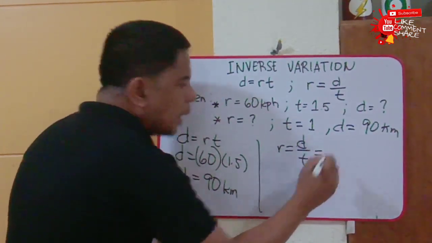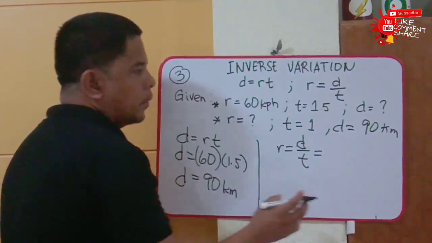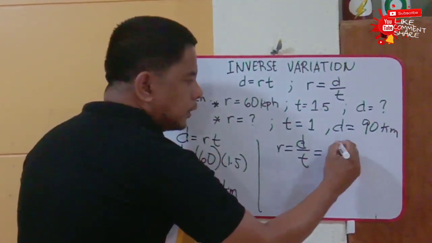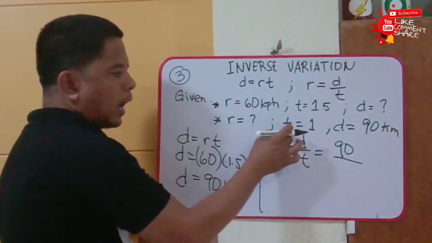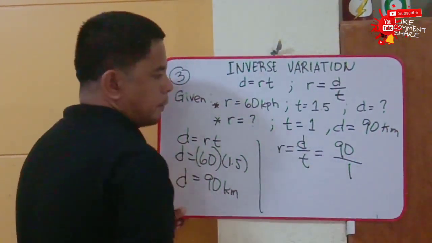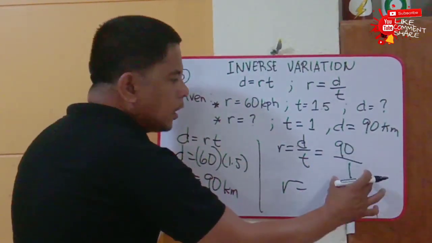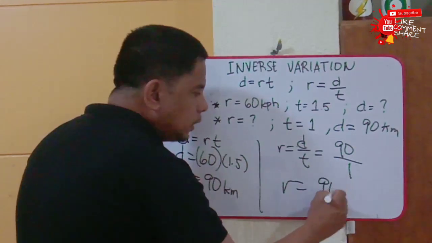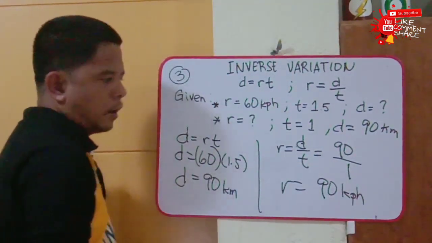Substitute. Ano yung distance natin? With the same distance in our given. So the distance is 90 kilometer divided by the time is 1 hour. 90 divided by 1, so that is equal to 90 kilometer per hour.